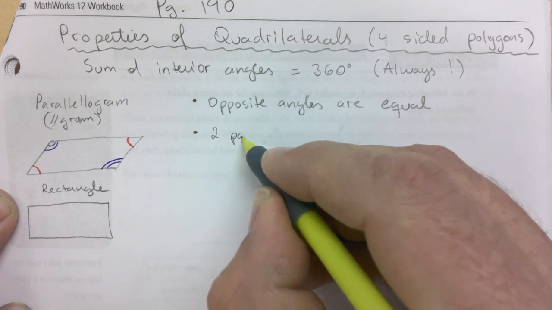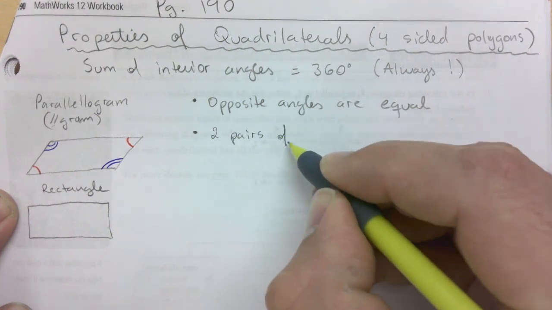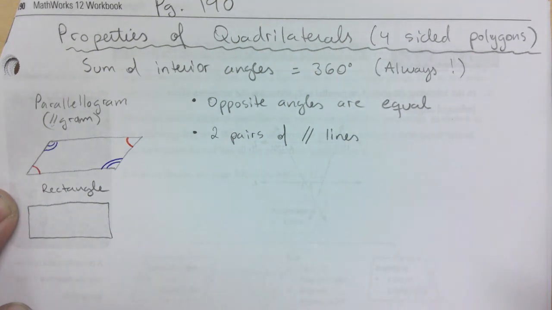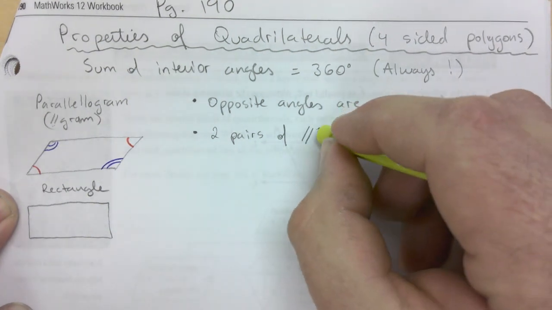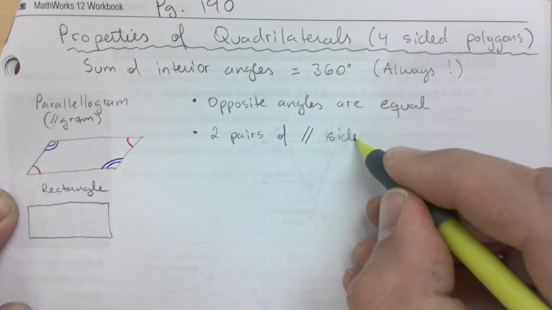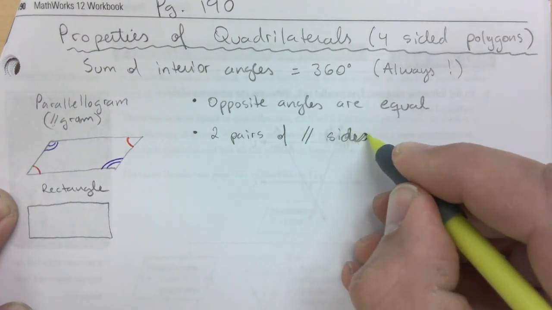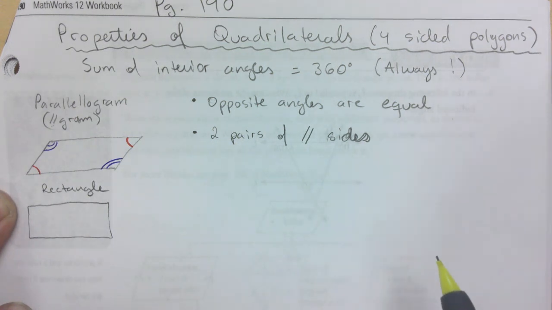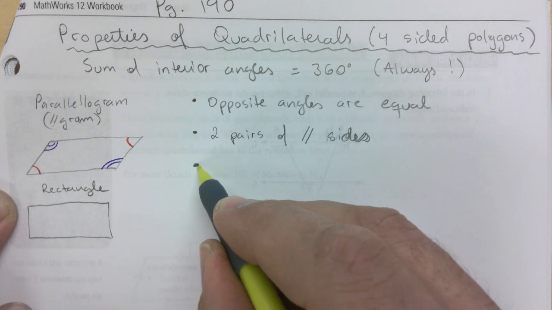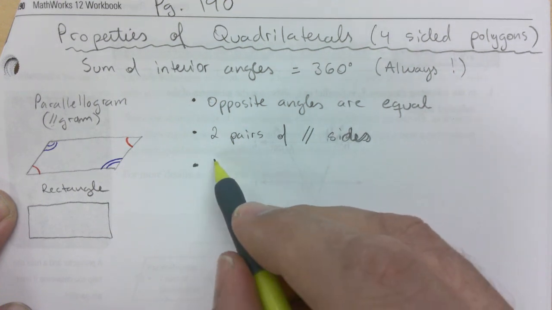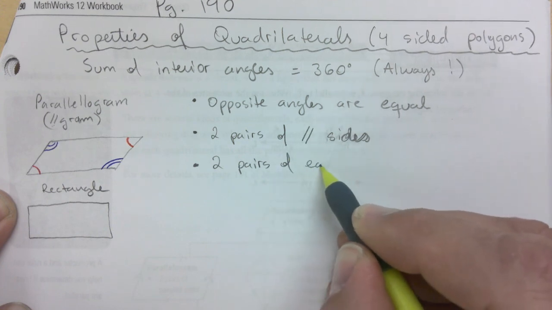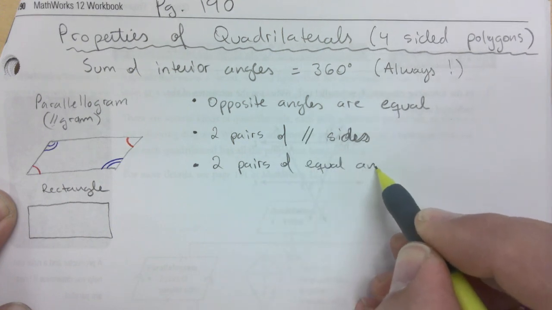They have 2 pairs of parallel lines, or sides, I should say. I'll call that sides. Same thing, but 2 pairs of parallel sides. Two pairs of equal angles.